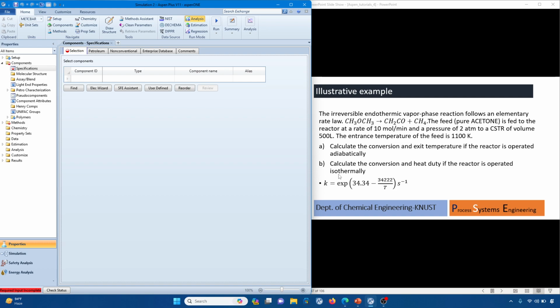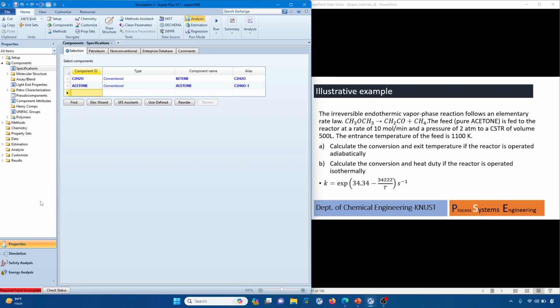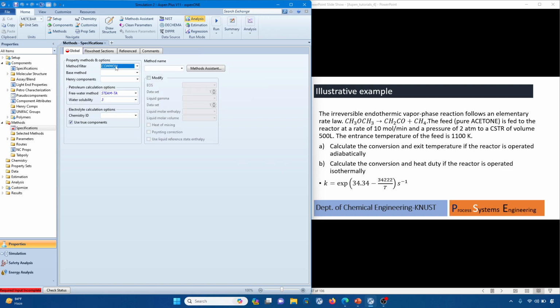So we go into Aspen and enter our components. Then we specify the property method, as here we are using an RTL property method.